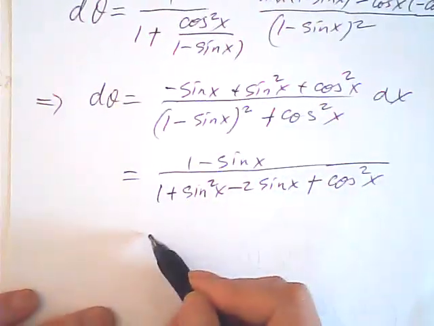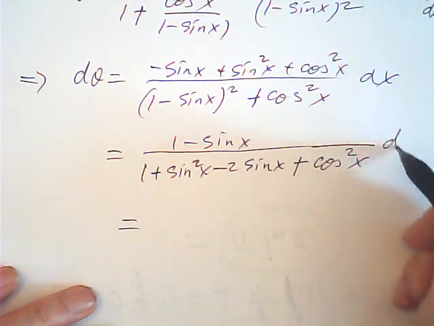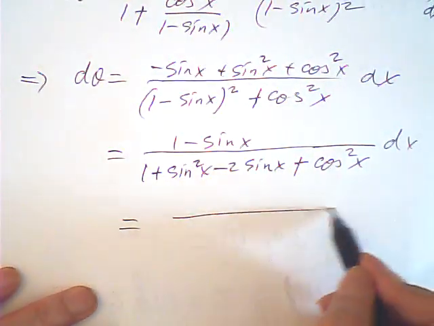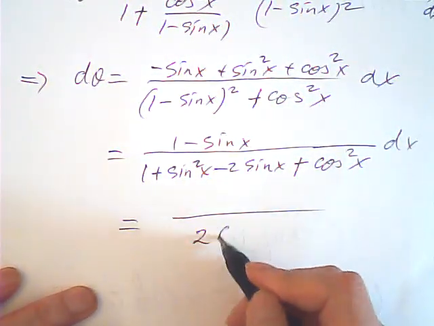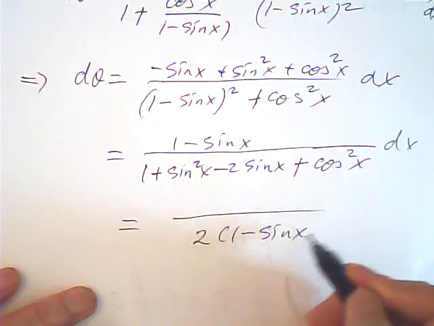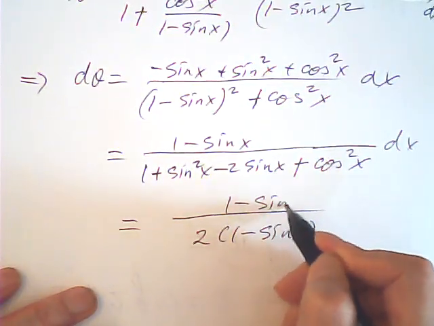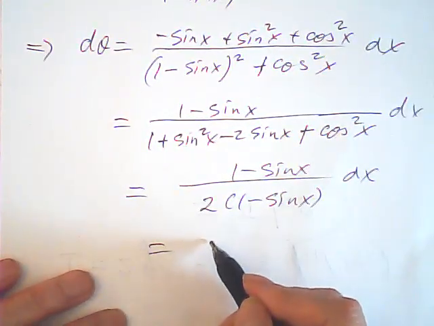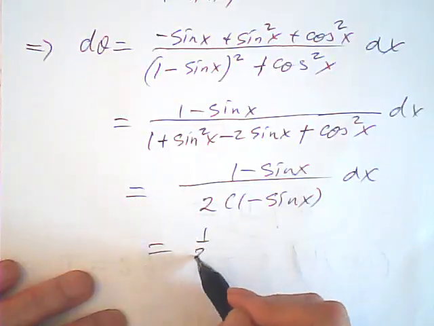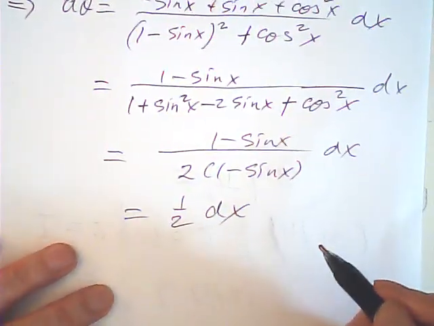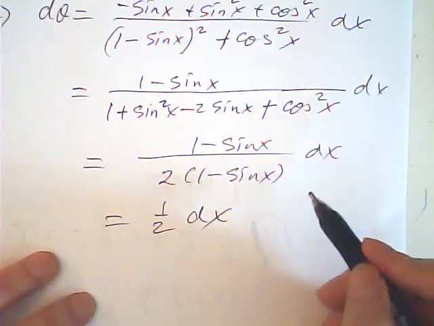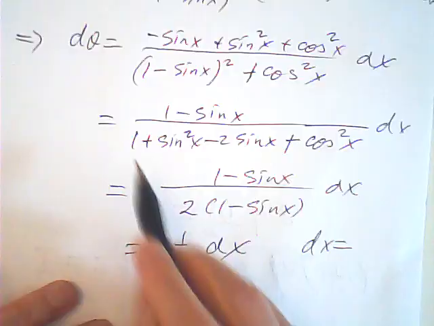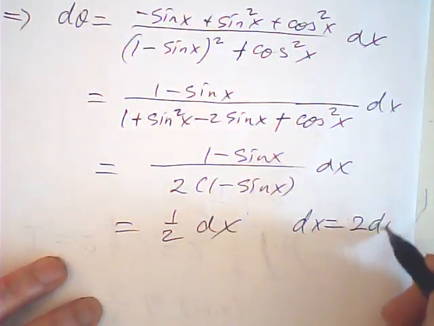Yeah. So this one's dx. Okay. This becomes 2 times 1 minus sine x over 1 minus sine x dx. So we end up with 1/2 dx. So my dx is equal to 2 d theta.